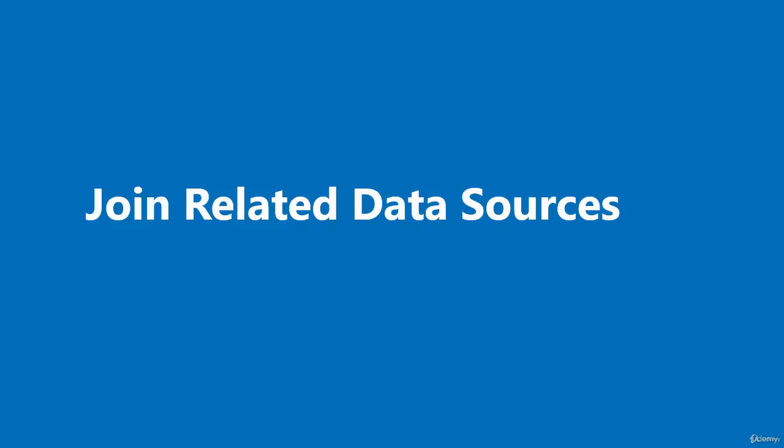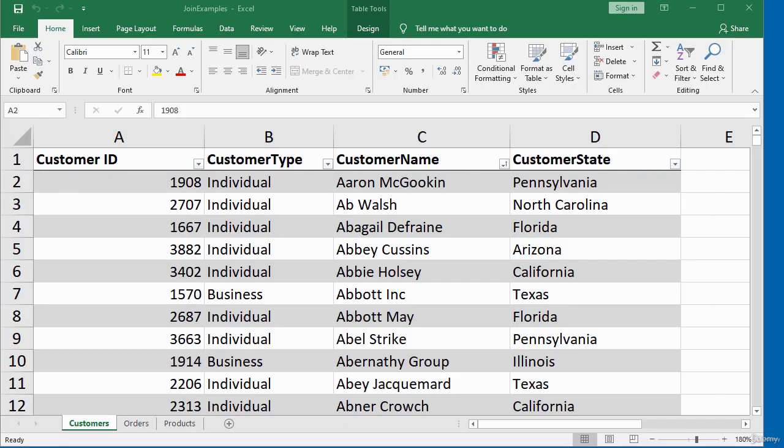In this video, we are going to join related data sources. One of the fundamental principles of good data design is spreading your data out so that individual tables store information about a particular business entity. For example, you might have one table that stores information about customers.